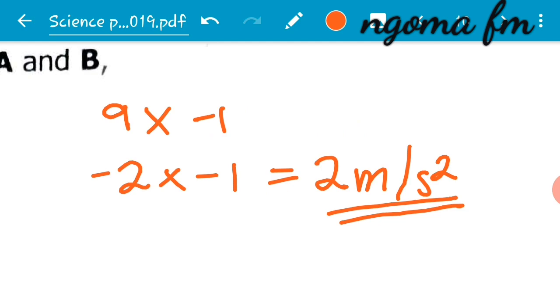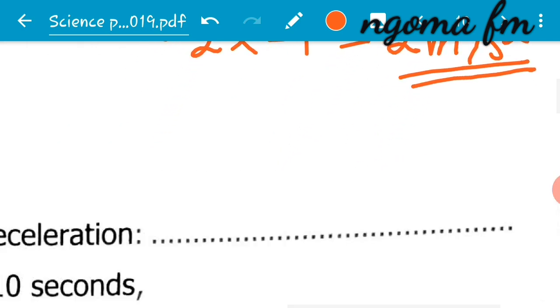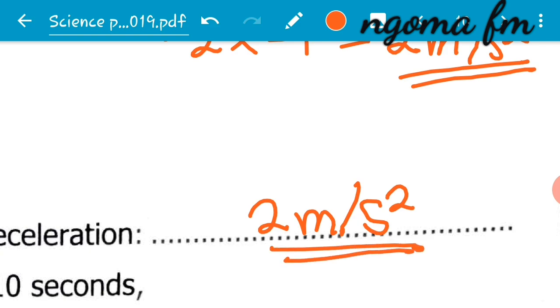This is the deceleration. So the answer that we're going to put here on deceleration will be 2 meters per second squared. This is our deceleration.